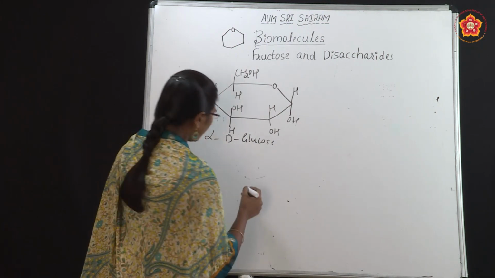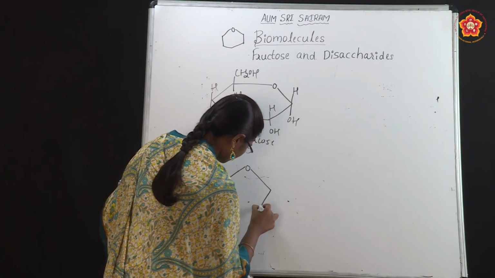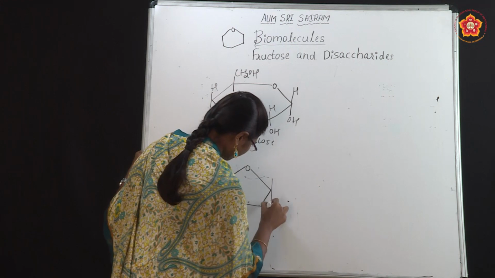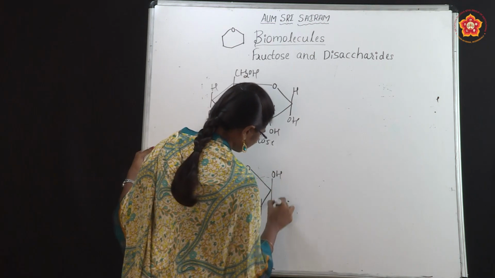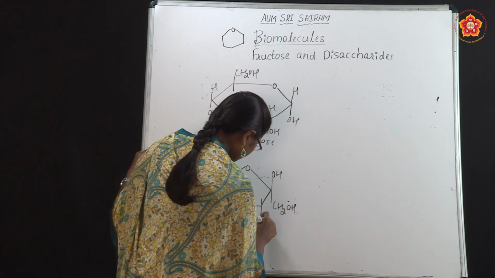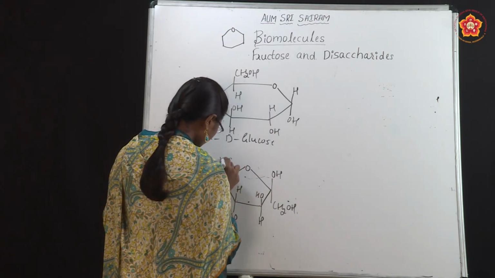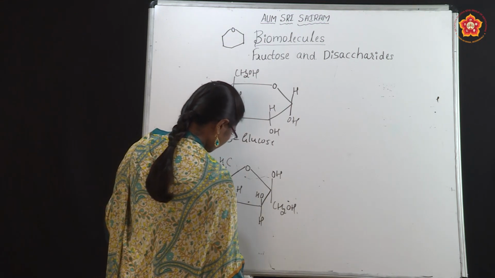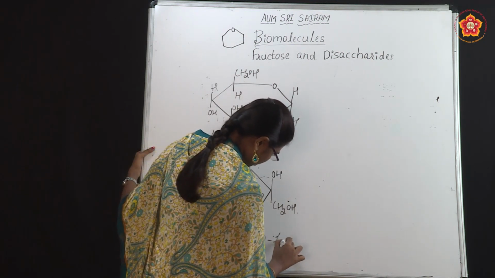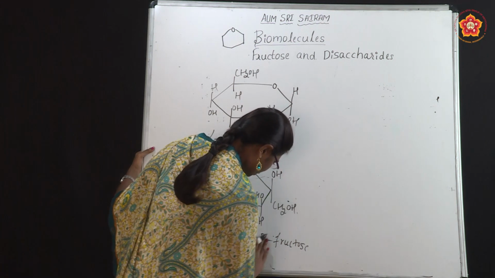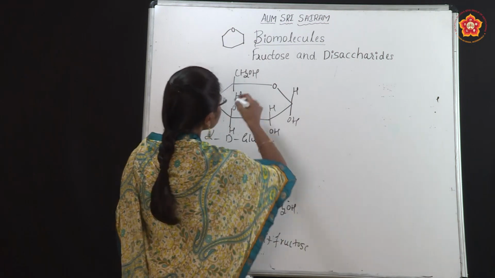Now you write beta D fructose. So this is the beta D minus fructose. Okay. Now the structure of sucrose.